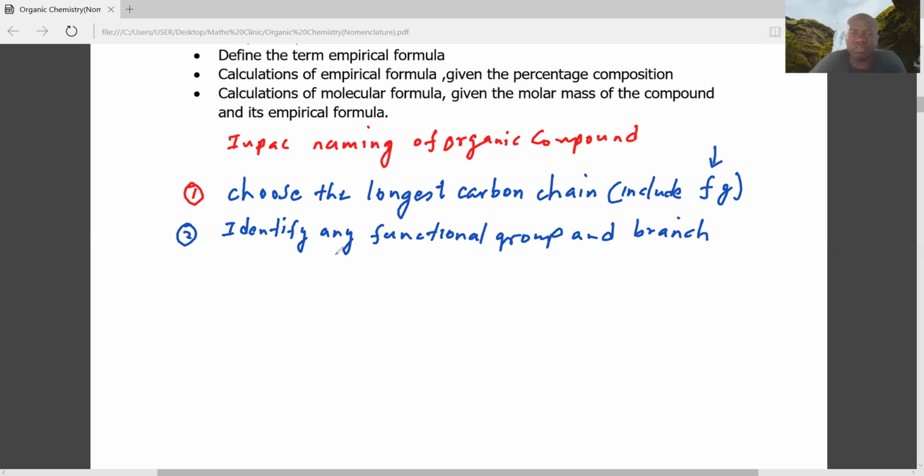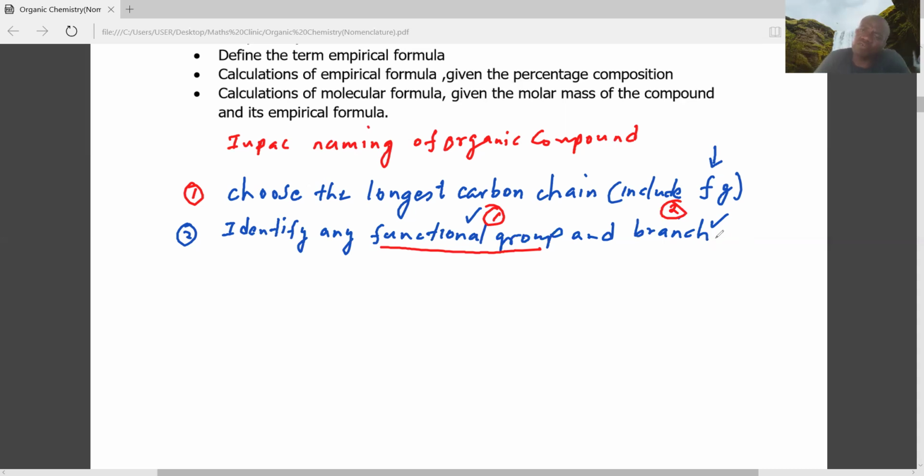So you need to identify any functional group and the branch. I'll tell you why I'm talking about functional group first. When we are naming organic compound, functional group takes priority over a branch. So you first consider a functional group, then followed by a branch.